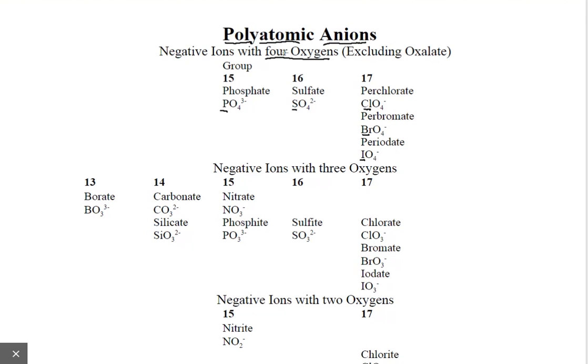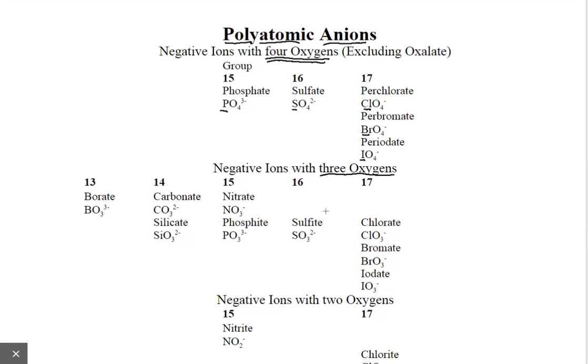What about when we compare these ions that have 4 oxygens to the counterparts down below that have 3 oxygens now? So if I'm comparing sulfate, which was SO4 2-, to the one down here with 3, it's named sulfite.